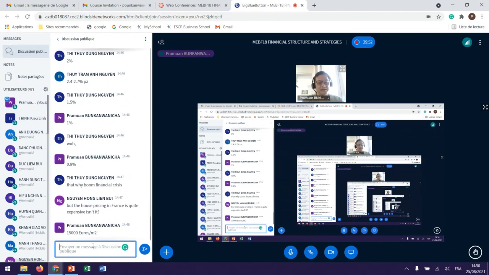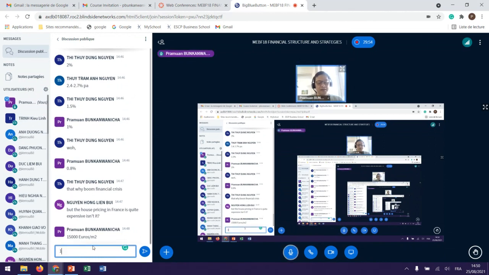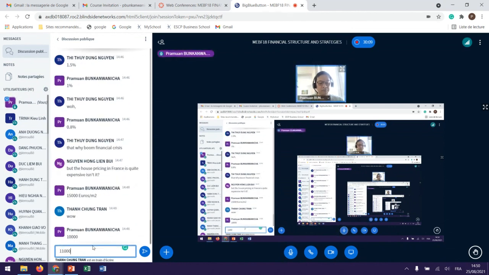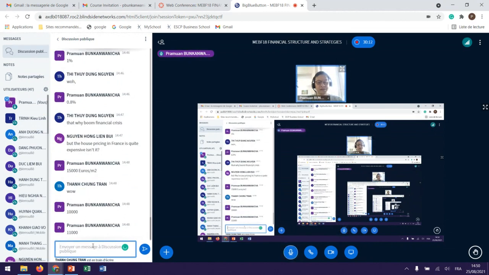This is a very nice area, but if you go to other areas, you can probably pay between 10,000 or 11,000. That is the Paris price, which is still cheaper than London, but it depends on the house that you buy and so on.